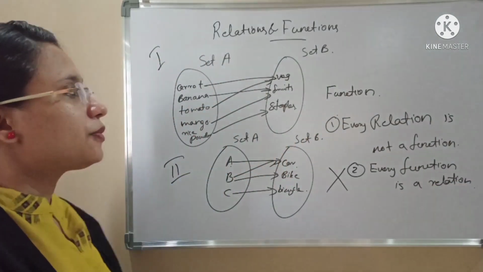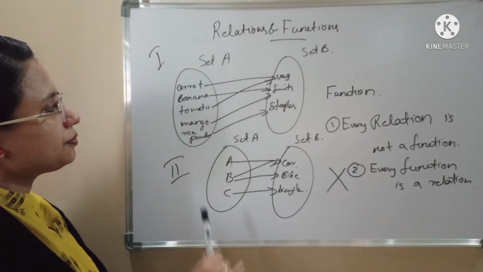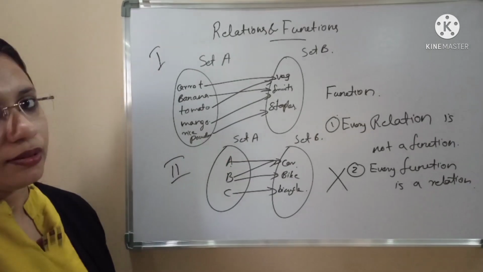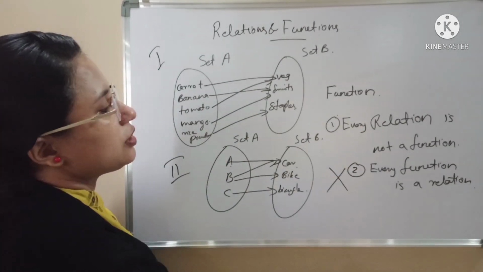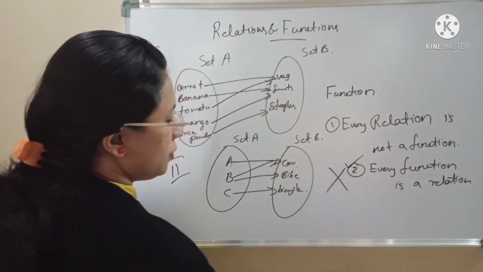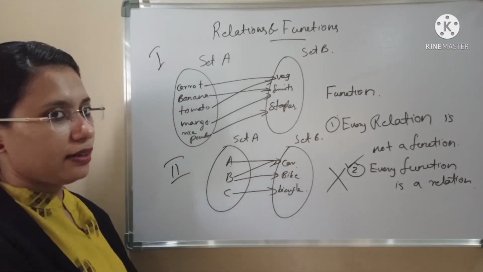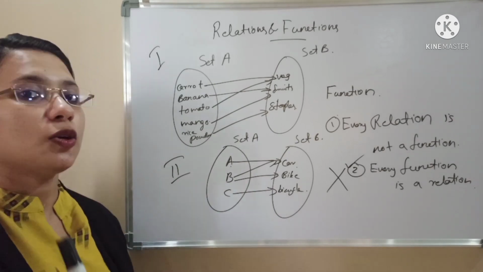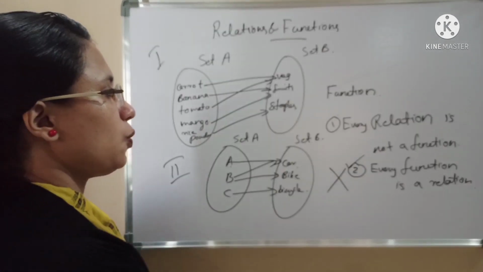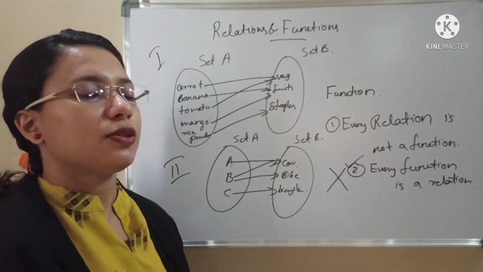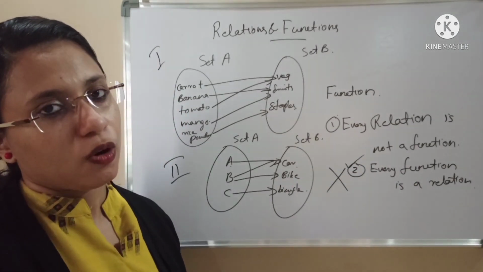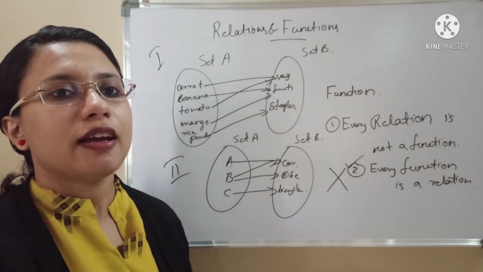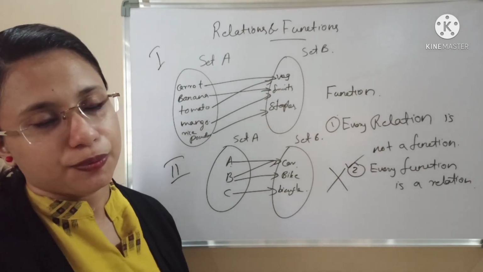When we consider the first case, it obeys the rule of a function, and it is a relation. That means every function is a relation. The second case is a relation, but it doesn't obey the rule of a function, so every relation is not a function. Hope the difference between a function and a relation is clear for all of you.